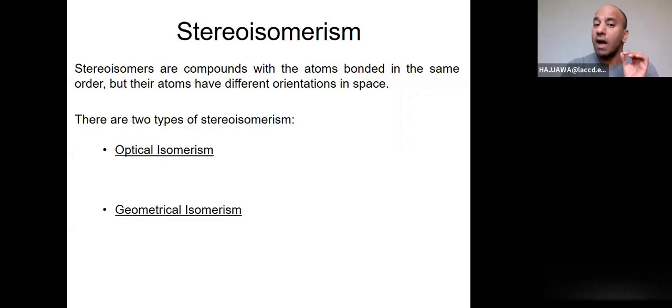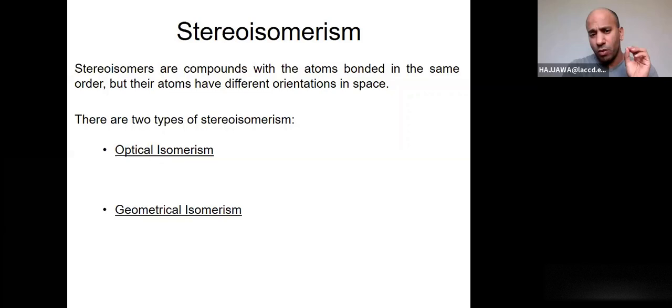So the first subtype is optical isomerism, and the second subtype is geometrical isomerism. Both types of stereoisomerism have the same connectivity, but the different arrangement in space differs when we look at these two types.